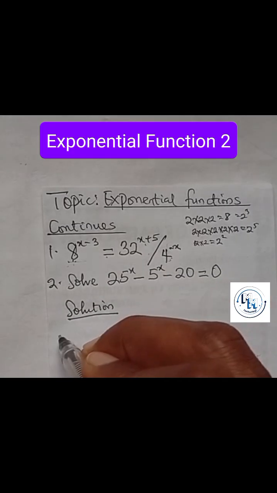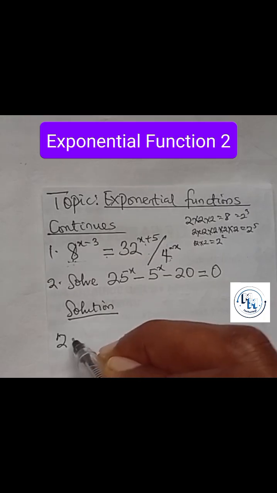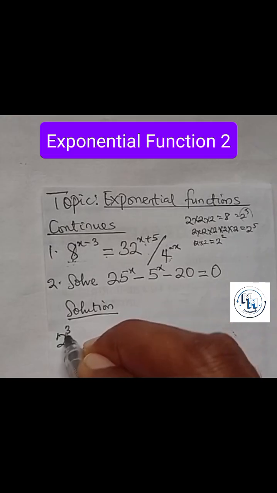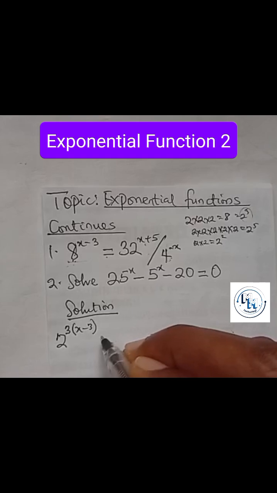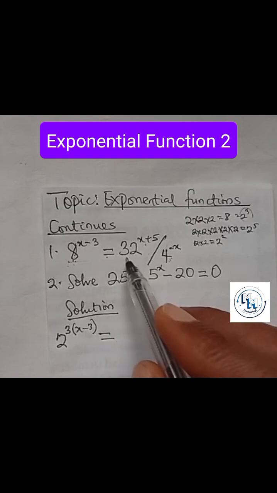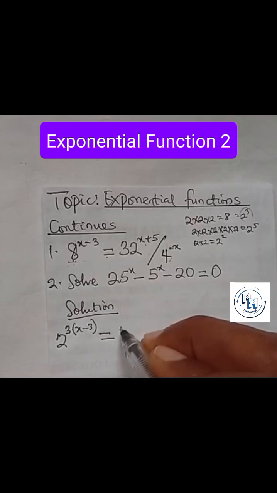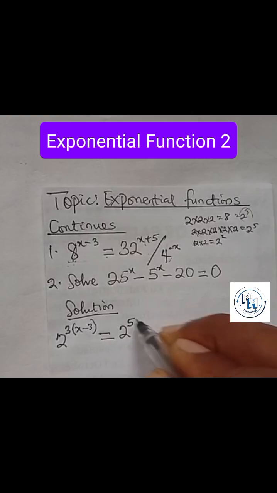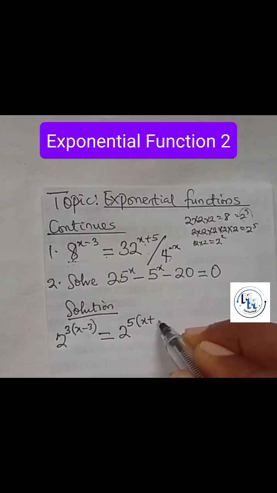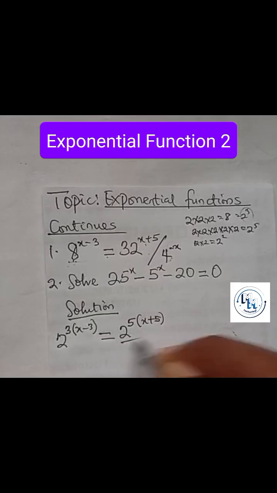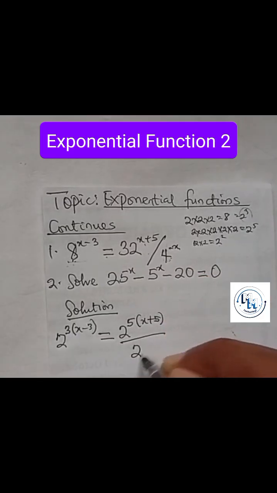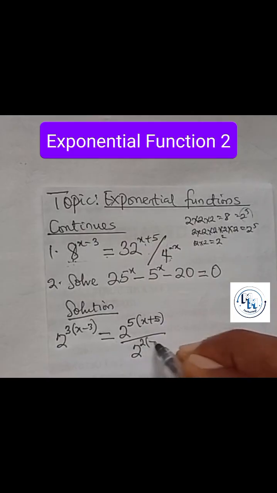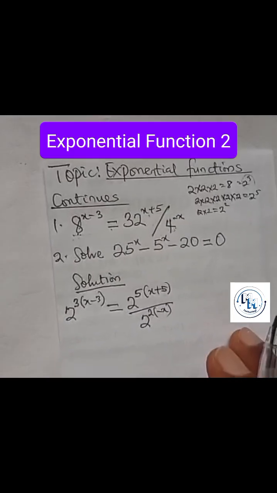Now let's go. 8 will be 2 power 3, which is this here. 2 power 3, brackets x minus 3, is equal to 32, which is going to give us 2 power 5, brackets x plus 5, all over 4, which is going to give us 2 power 2, brackets minus x. Is that okay?